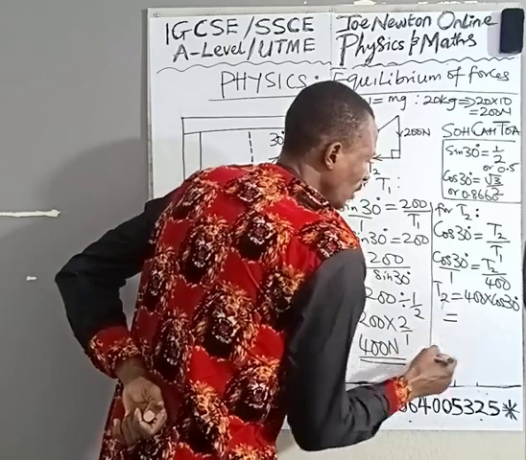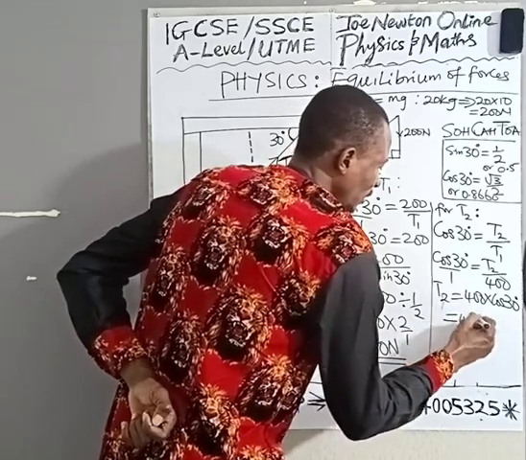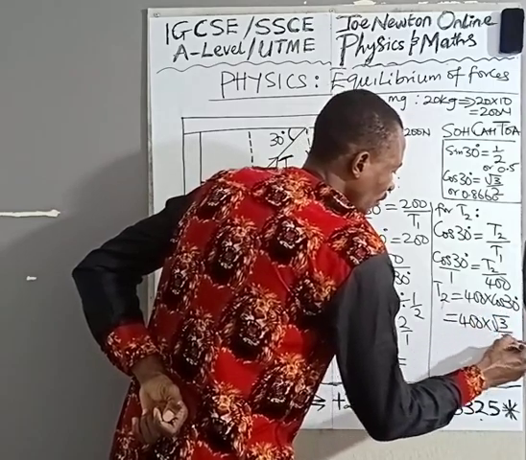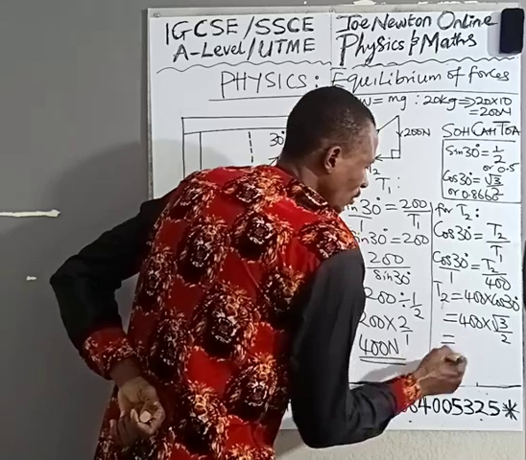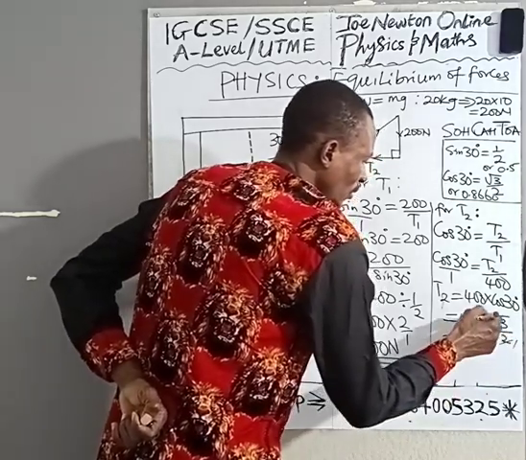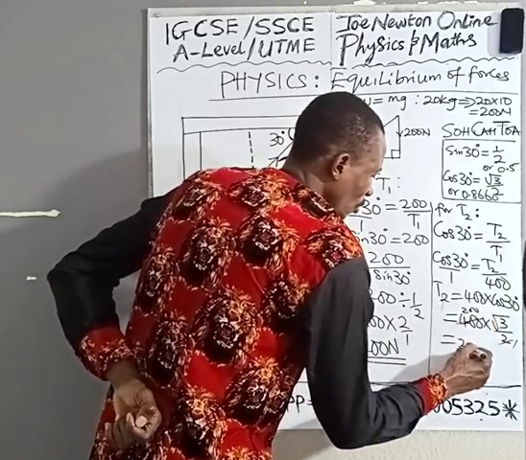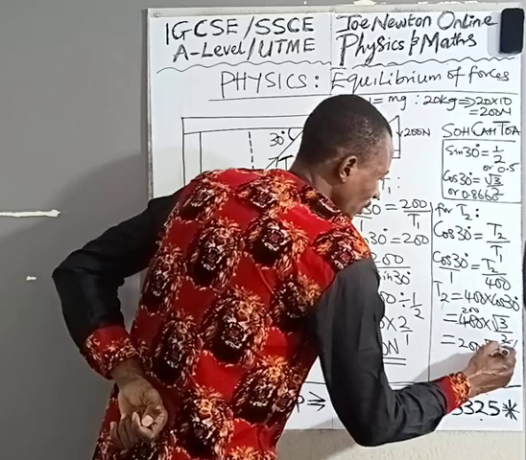So our T2 will now become 400 times root 3 over 2. The 2 divides 400 to give us 200. So we have 200 root 3.